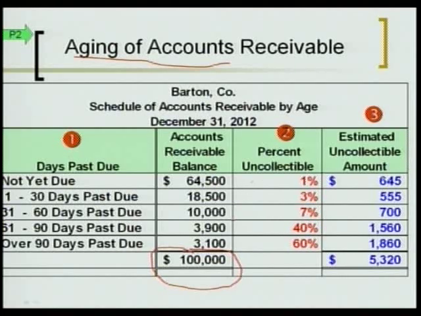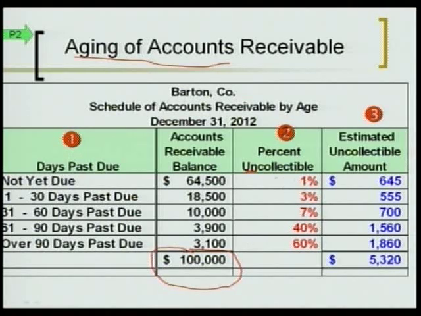Now, this amount that isn't even due yet, the percent uncollectible is only estimated to be 1%. 3% for those that are 1 to 30 days past. And the older they get, the percent uncollectible is higher. This one that's over 90 days past due, they said that there's a 60% chance it's uncollectible.